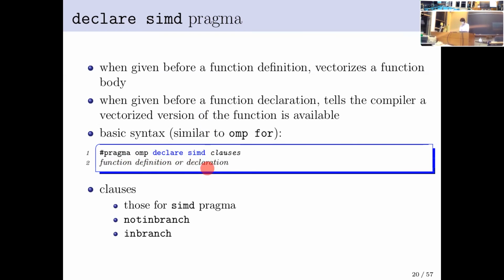You can check details in the Jupyter notebook. And this can also be used to tell the compiler there is a vectorized version available elsewhere, compiled elsewhere. So loops containing function calls to this function can still be vectorized. You just call the vectorized version of the particular function.